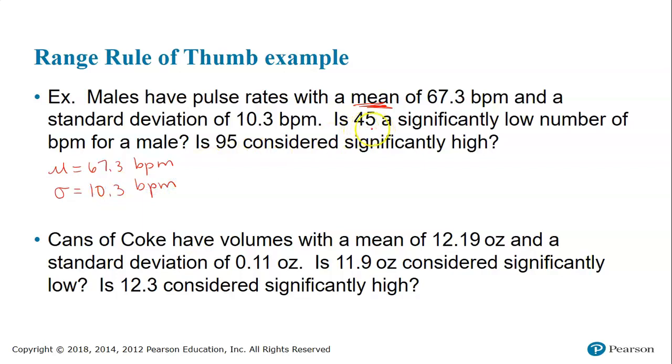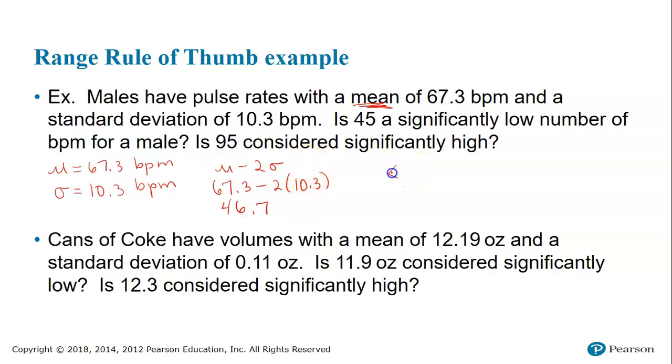Okay, so if we want to find out, is 45 a significantly low number of beats per minute for a male, we need to figure out what the mean minus 2 standard deviations is. So that's going to be 67.3 minus 2 times 10.3. And that value is 46.7.